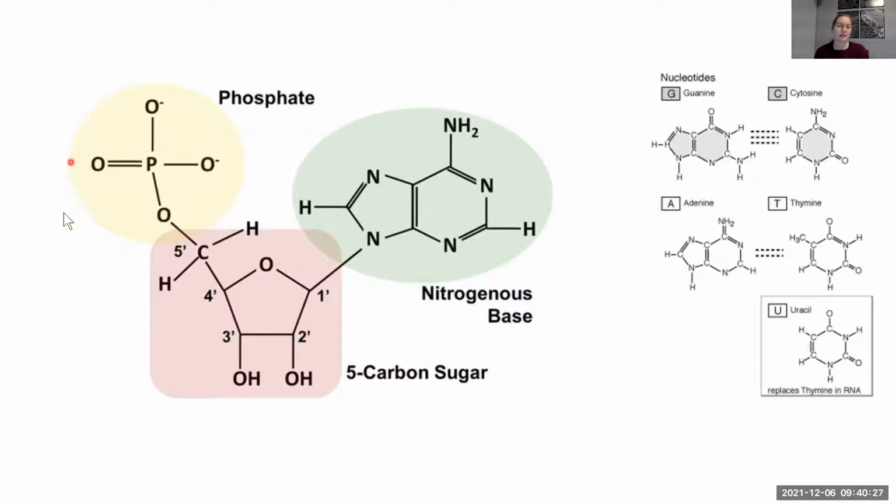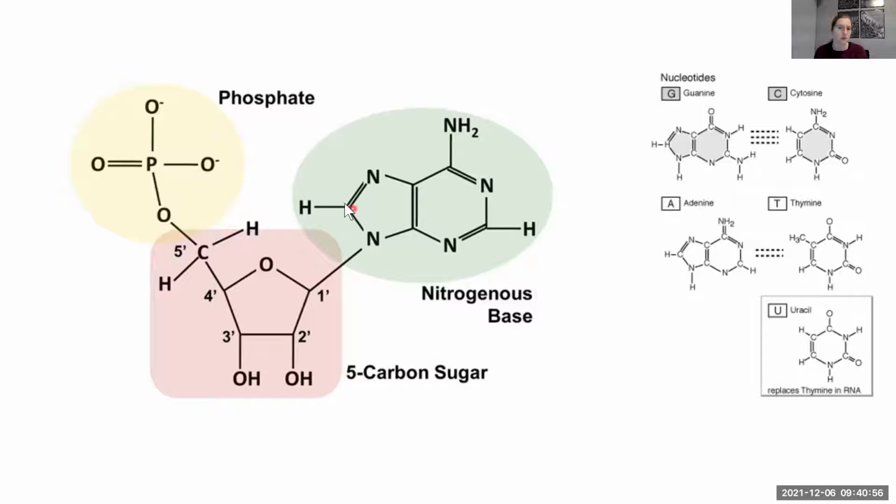Here, looking back at our large nucleotide on the left, I want to talk about the carbons in our 5-carbon sugar. So at the top of our pentose 5-carbon sugar, we have an oxygen molecule. And then if you go clockwise around this shape, we're going to count off the carbons. So clockwise, the first one is 1. And notice that they're not showing you the C. Just assume that when you have a junction like this, there's a carbon there.